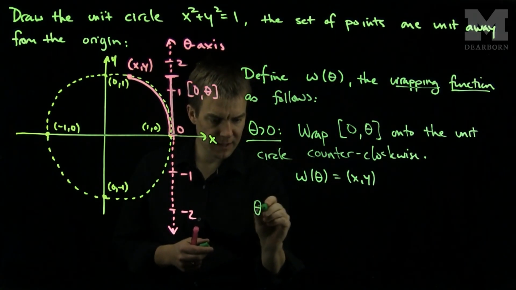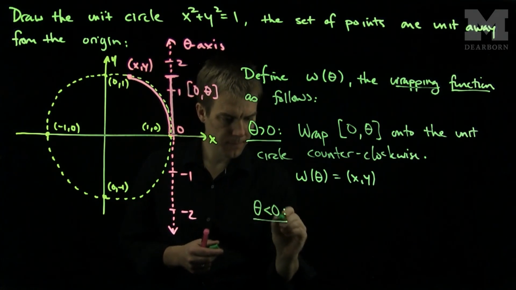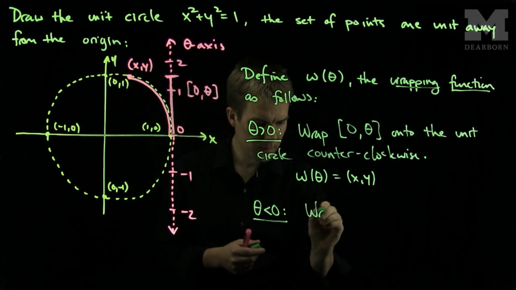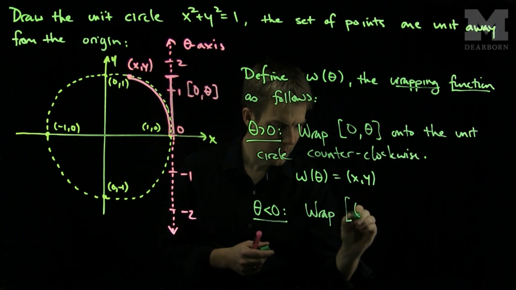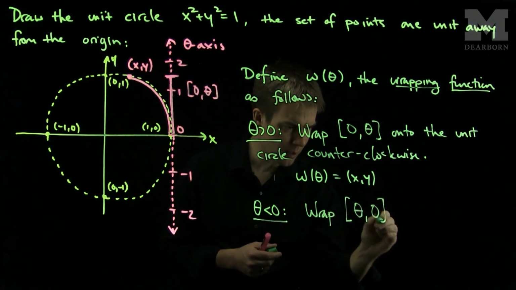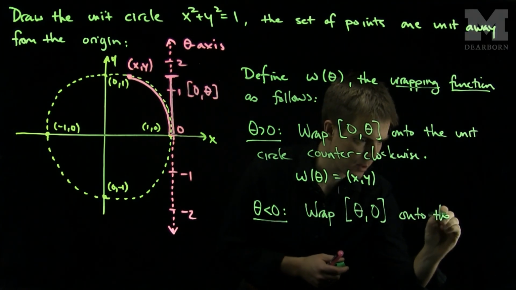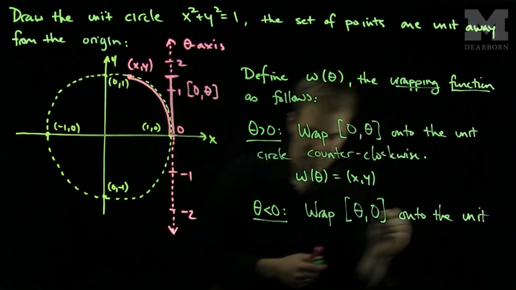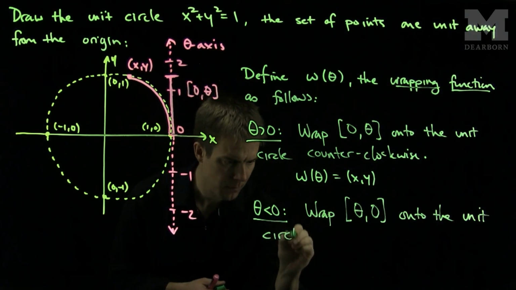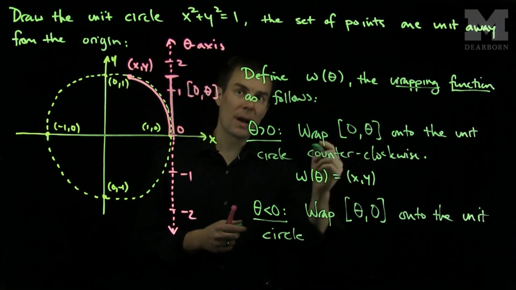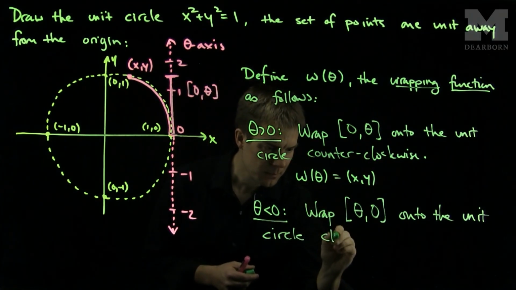If theta is less than 0, we will wrap the interval theta to 0 onto the unit circle. This time we'll wrap it around clockwise.